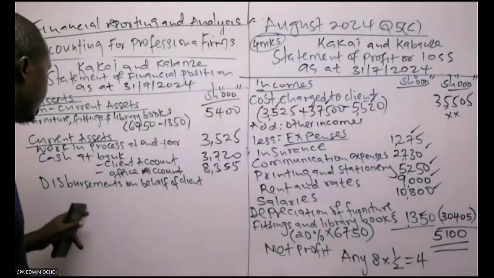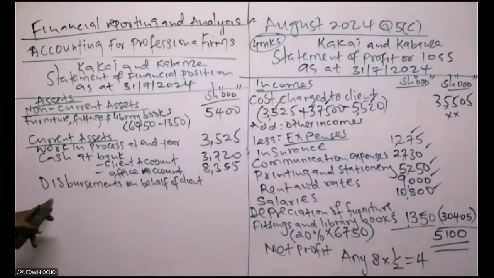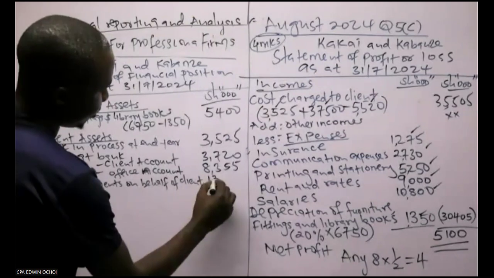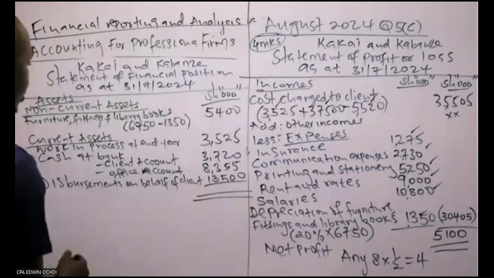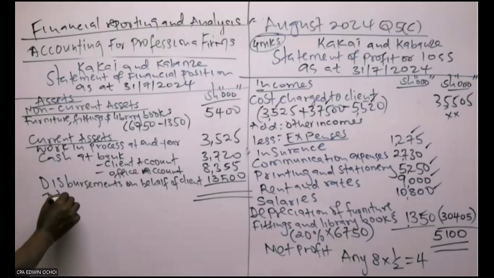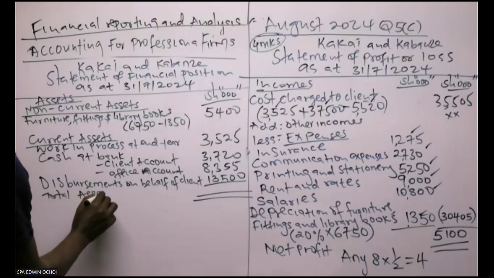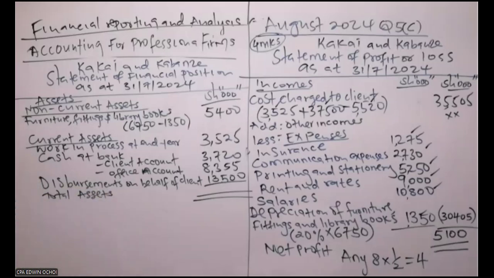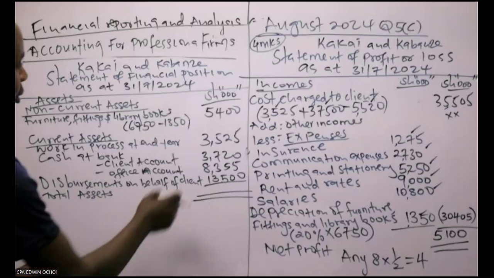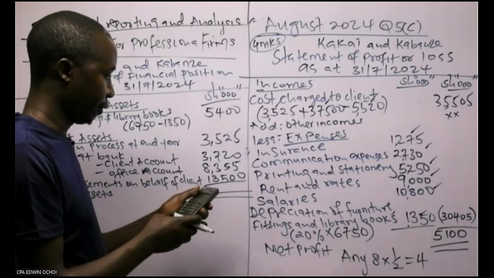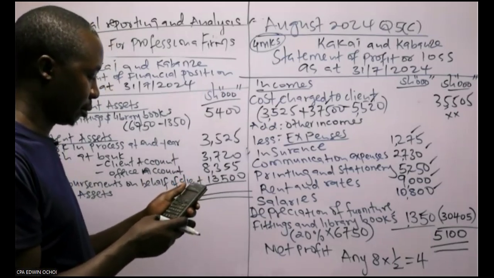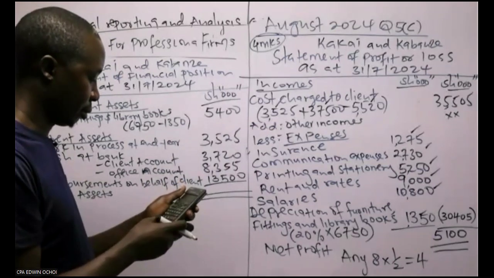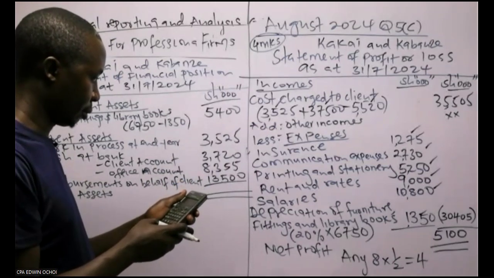The value was 13,500. So up to this point, we have total assets. Then we talk about capital, and I can get this total anyway. 5,400 plus 29,100.